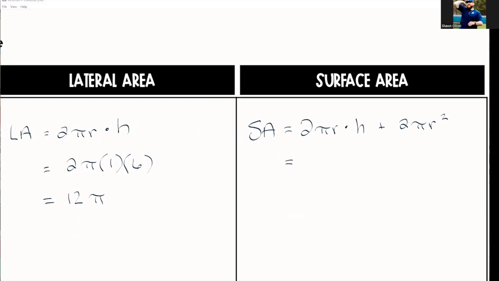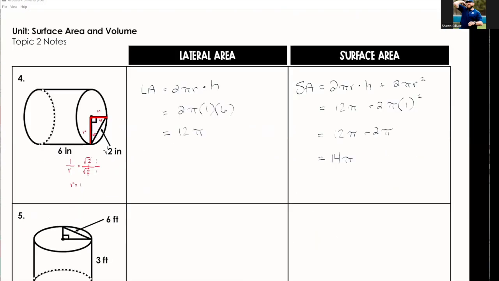Our lateral area we found was 12 pi. And the nice thing about a radius of 1 is it doesn't matter what I end up squaring it. It's just going to be 12 pi plus 2 pi, which is 14 pi. Oh, we almost forgot our units. Chemistry teacher's going to yell at us. Inches squared.